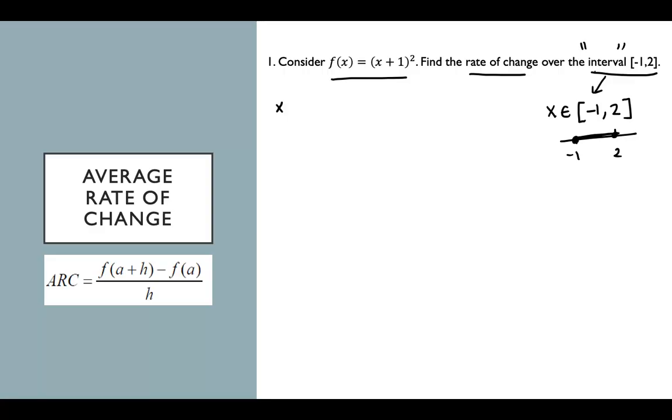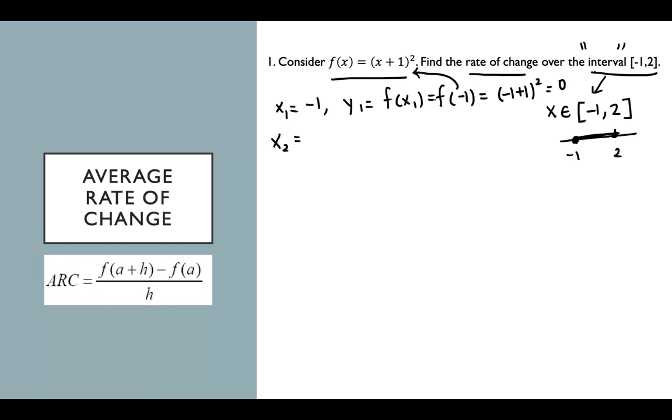So we could say when x1 is -1, we input x1, which is -1, into my given function, which is (-1 plus 1) squared, equal to 0.